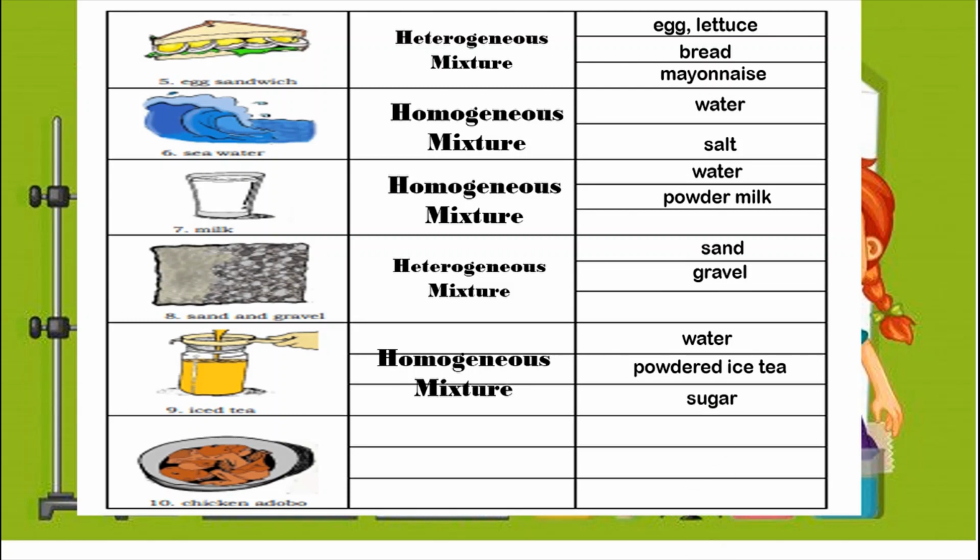So, number 10 is chicken adobo. Very delicious. Unsa man ning chicken adobo? Unsa ni siya nga klase nga mixture or types of mixture? Heterogeneous mixture. Kay heterogeneous mixture, ang component ani kay of course chicken, naa pay soy sauce, naa pay vinegar, naa pay onion, garlic, and other.